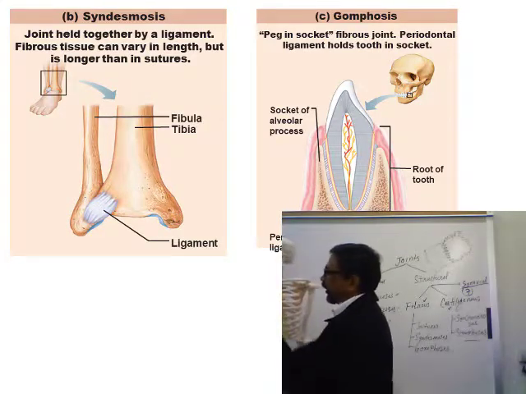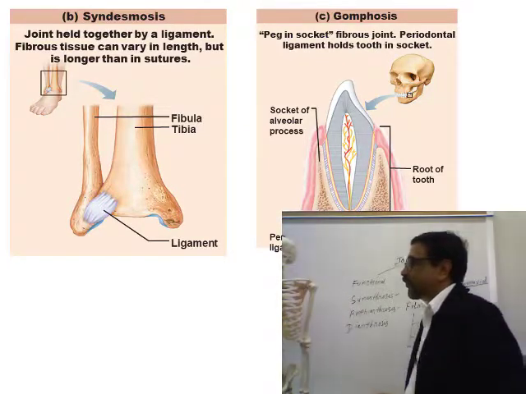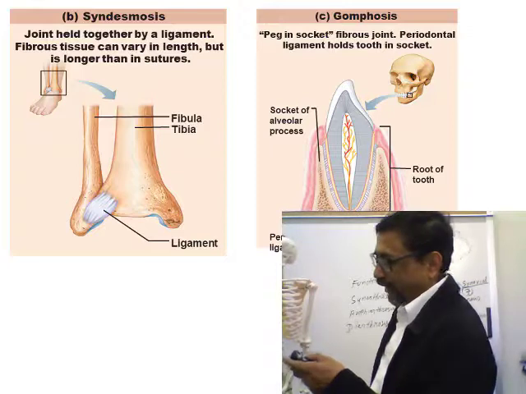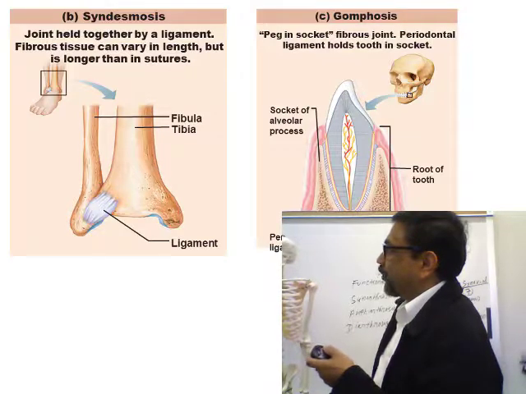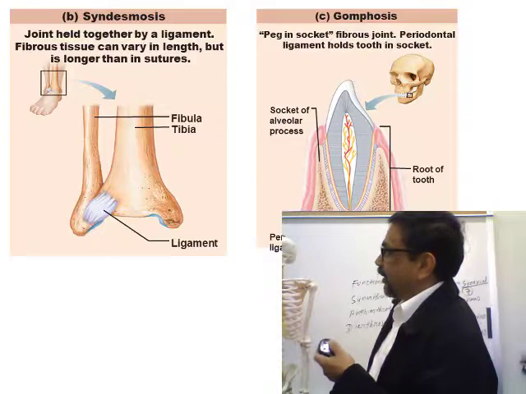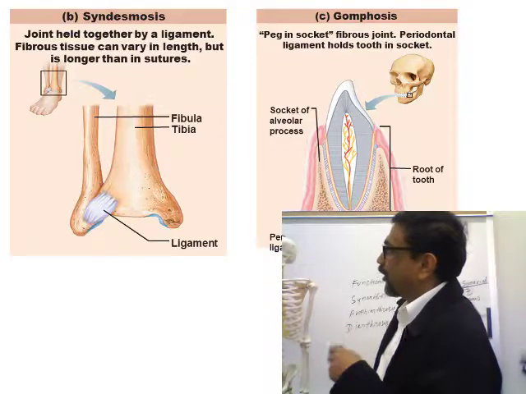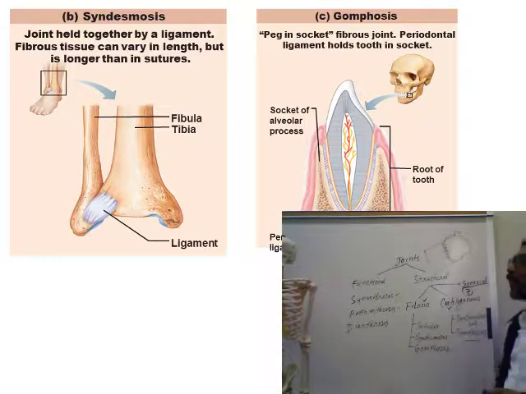So, you see here in the picture, socket of alveolar process, where the teeth fit in, and that is the gomphosis type joint. As I have mentioned, SIS is only one. If I say SES, that means more than one.